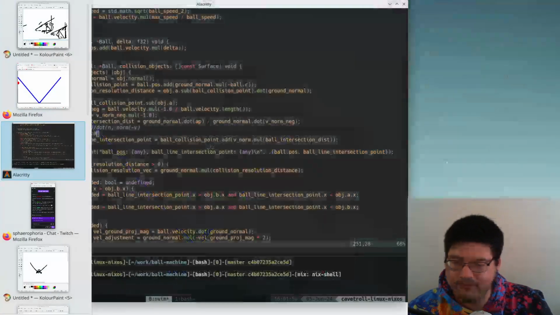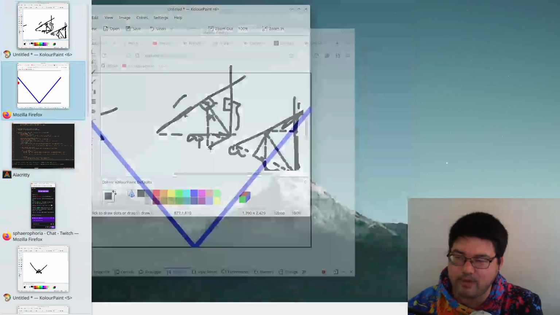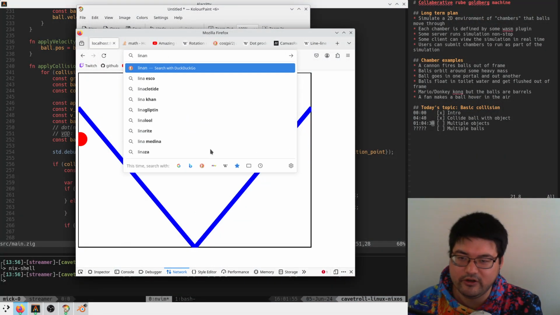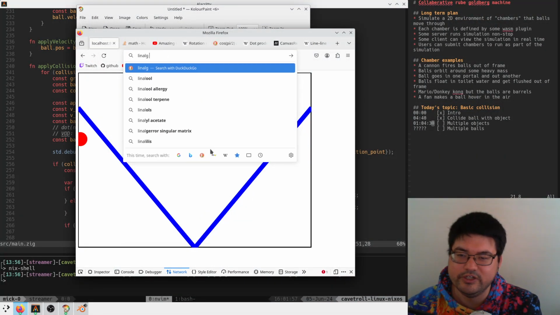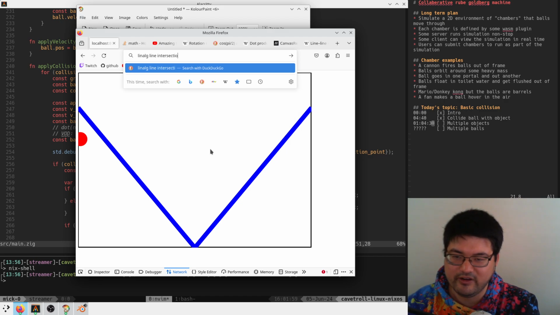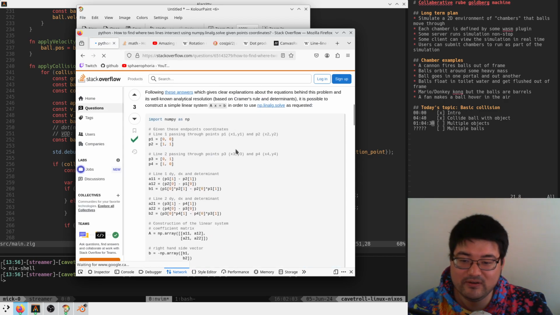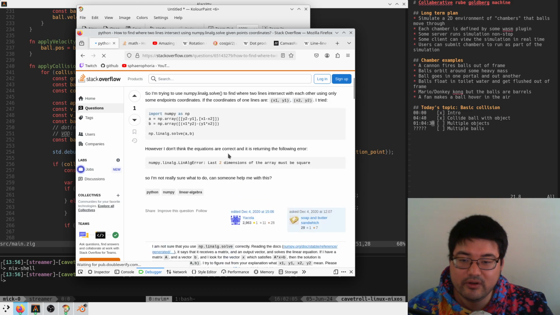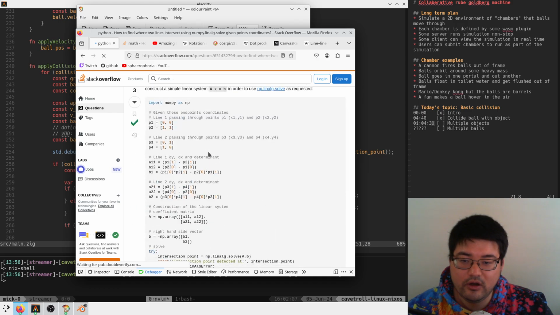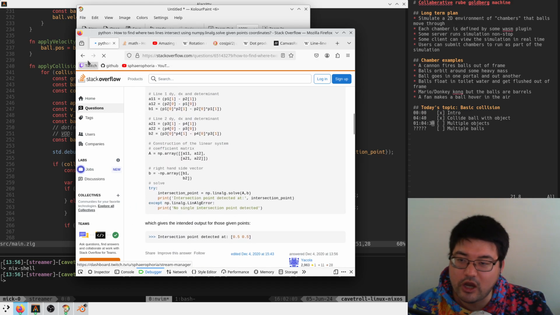I'm not seeing it. All right, maybe we call it and we just search for line intersection. Can I just copy a formula from somewhere?